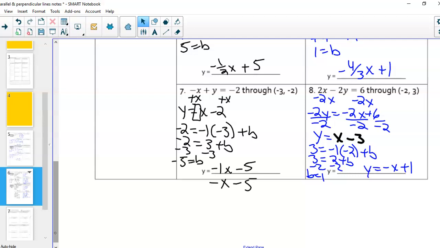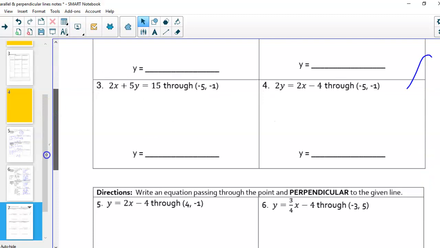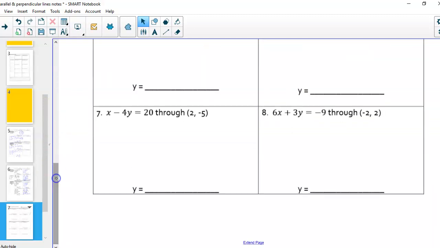Alright. The last page in this is just more practice on this, and I do want you to practice this. I'm going to give you 15 minutes to do as many of these as you can. What I would suggest is do one of each type: one parallel, one perpendicular, and so on.